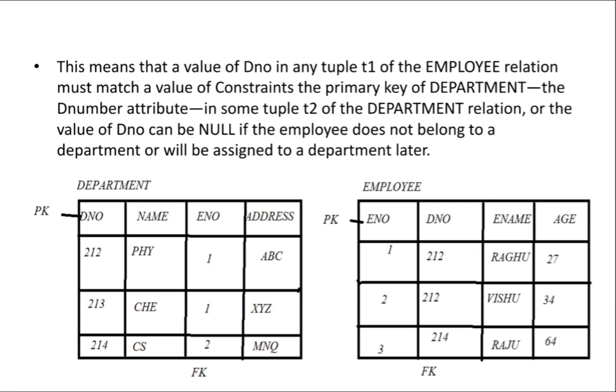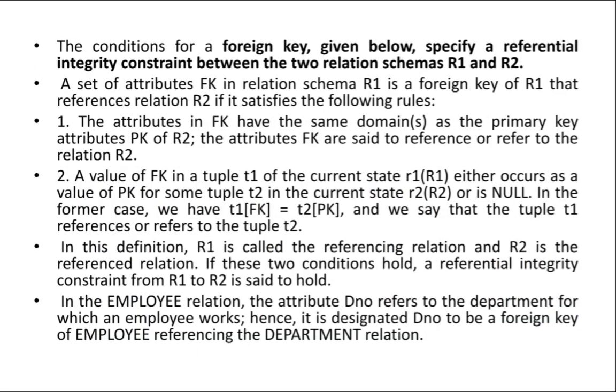It's possible, two different employees can belong to the same department. That's why foreign key values can be repeated, but primary key values can't be repeated. So that is the referential integrity constraint.